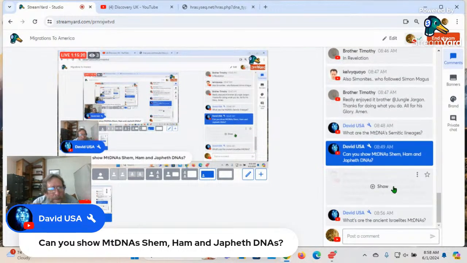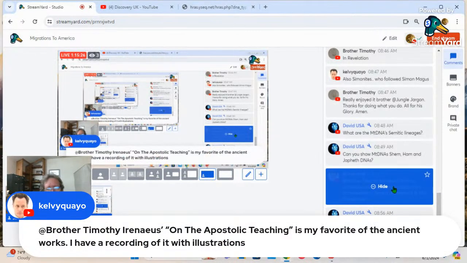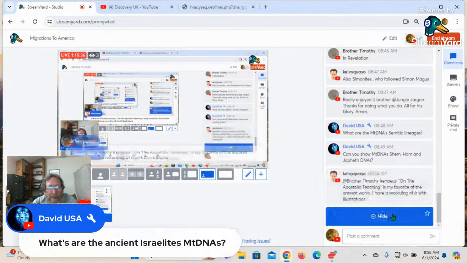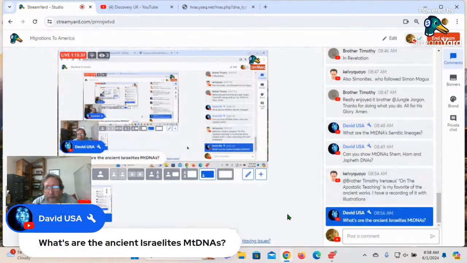Can you show mtDNA's Shem, Ham, Japheth? Yeah. The L's are Hamitic. It's L, M, and N. So the L is Hamitic, M is Eurasian, and N is Semitic. Of course, Japheth had a lot of sons. He didn't have as many daughters, probably.